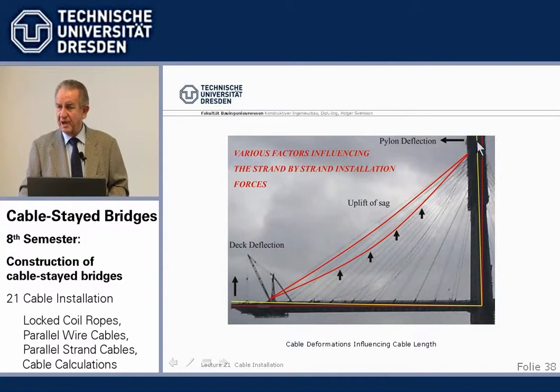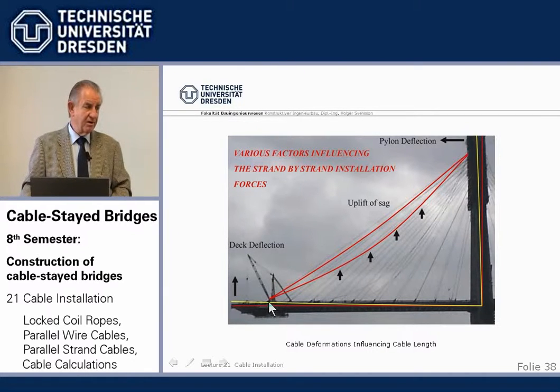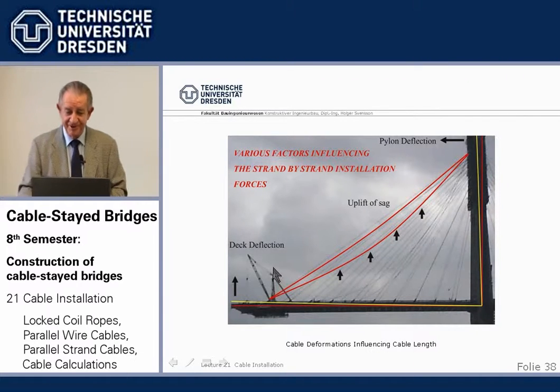And there are various influences. First of all, the pylon deflects more or less when we install a cable and apply a new force. Then we have to take into account the dead weight of the installation equipment, the derrick, which you better weigh, because otherwise you're always too low. Derricks are always heavier on site than assumed.